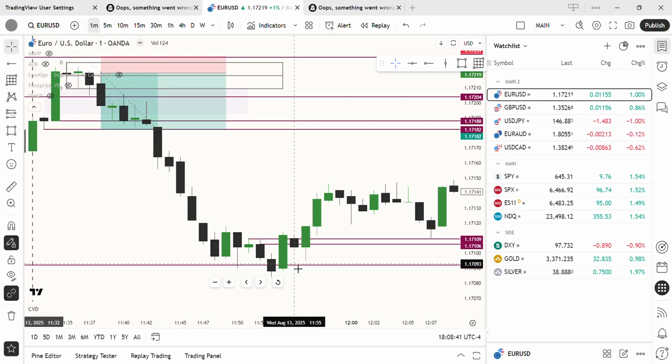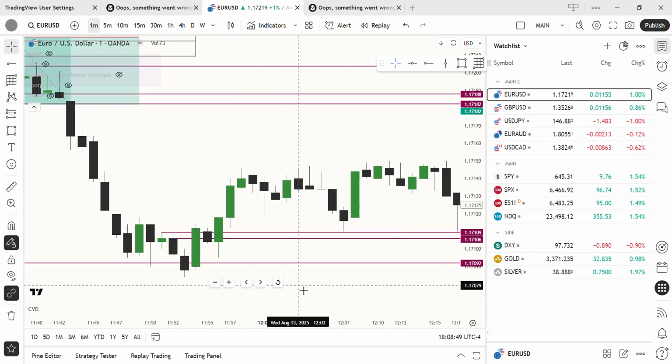That's rule 5. Well, that's for Euro USD. It might be different, but I'm liking it so far.